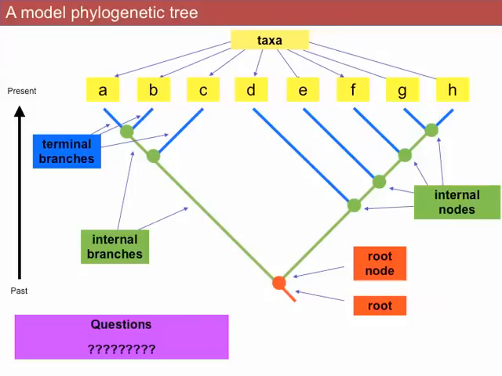Okay. Yeah, sorry. Are the MRCAs, are they still called taxa? Oh, yeah, great question. So are the MRCAs still called taxa? If someone tries to assign a name to an organism that occurred in the past, then it becomes a taxa or taxon.